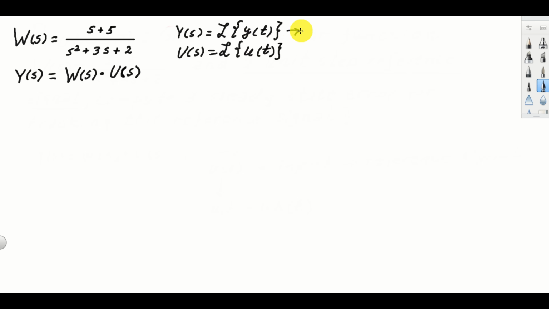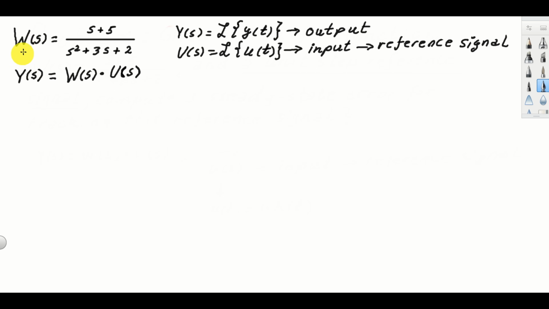Y of S is the output, and U of S is the input, or in our case, reference signal. W of S represents the complete closed-loop transfer function in our case.